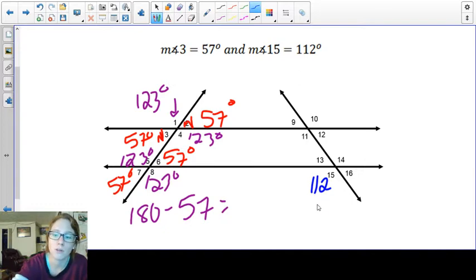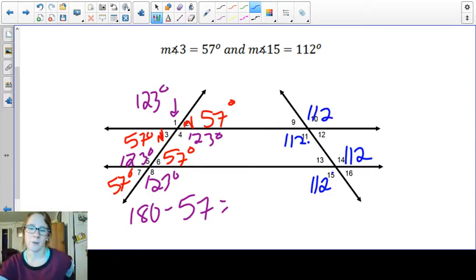So that means angle 14 is 112 because they're vertical. 11 would be 112 because 11 and 15 are corresponding. And 14 and 11 are alternate interior. And then 10 would have to be 112 because 11 and 12 are vertical. 10 and 14 are corresponding. 10 and 15 are alternate exterior. I think those are all the different ways.